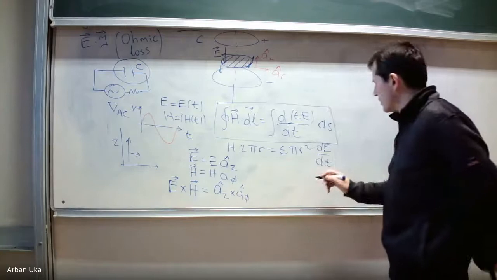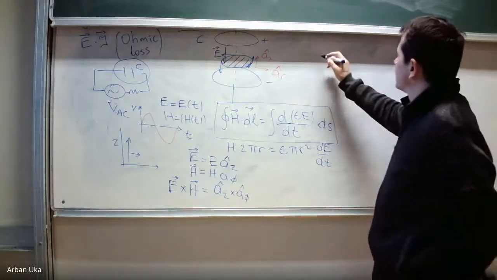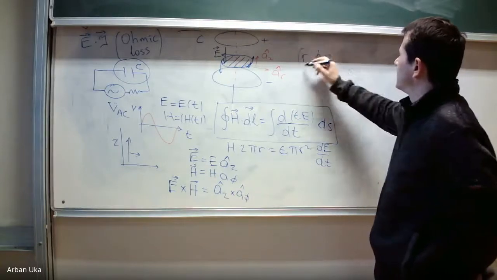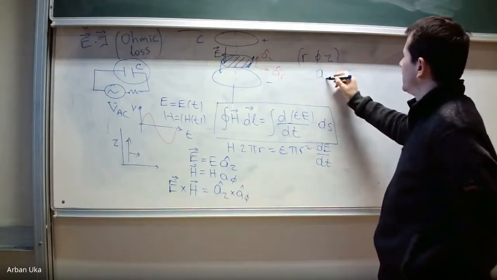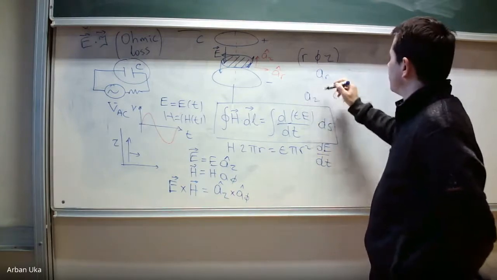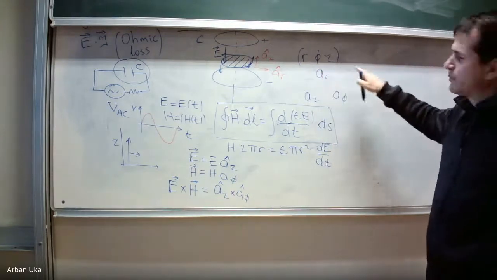The way to do this, we often do it like this. The coordinate system is R, phi, Z, right? And we know that AR, A phi, and AZ, we put them in a cyclic permutation.